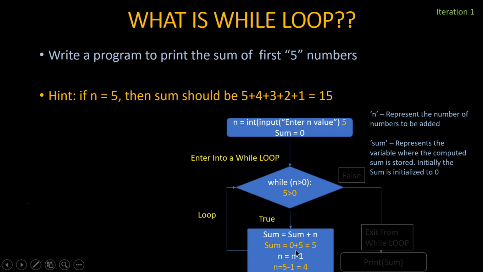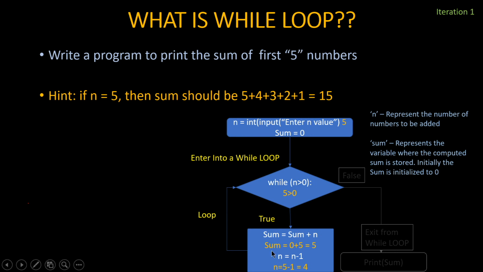It's 5, right? So 0 plus 5 gives us 5. The value of sum is updated from 0 to 5. In the next iteration, observe that the value of n is 4, right? That means the value of n is decreasing by 1.